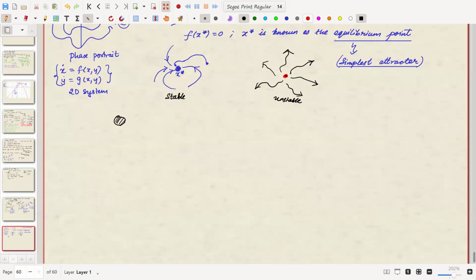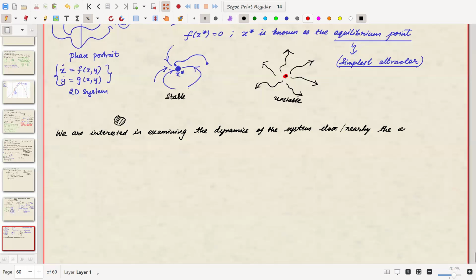What happens nearby? We are interested in examining the dynamics of the system nearby the equilibrium point.